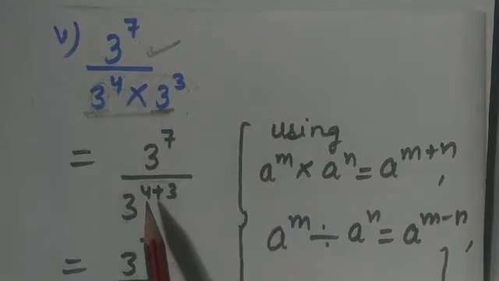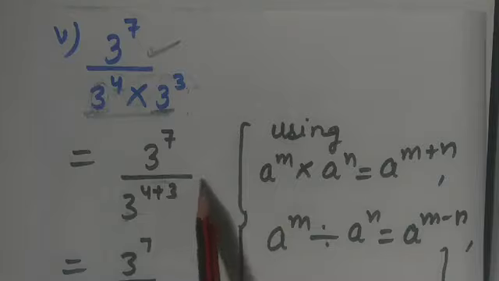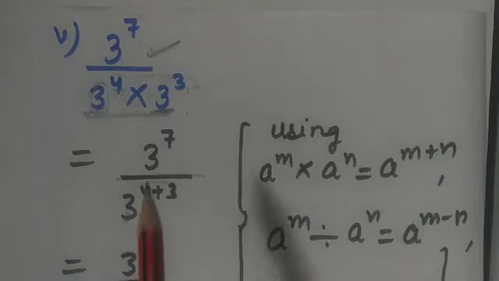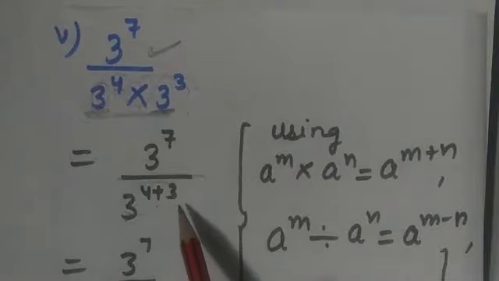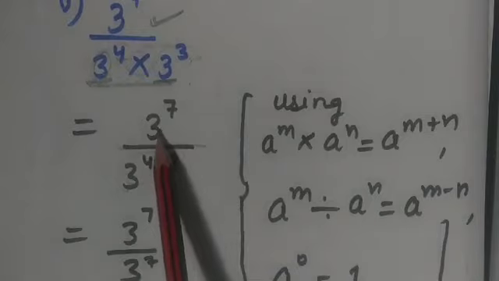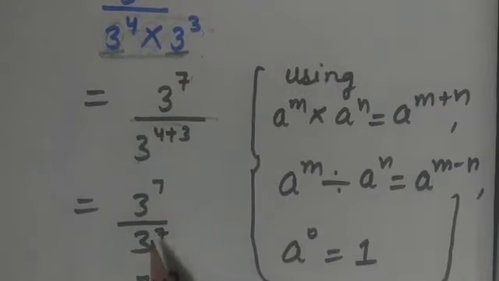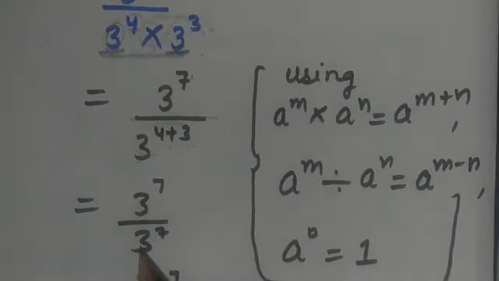So it will be 3 raised to the power 4 plus 3 in the denominator. Okay, numerator remains same, 3 raised to the power 7 and 3 raised to the power 4 plus 3. Okay, now next step, it will be 3 raised to the power 7 divided by 3 raised to the power 7. They are the same thing, they get cancelled and it will be 1.